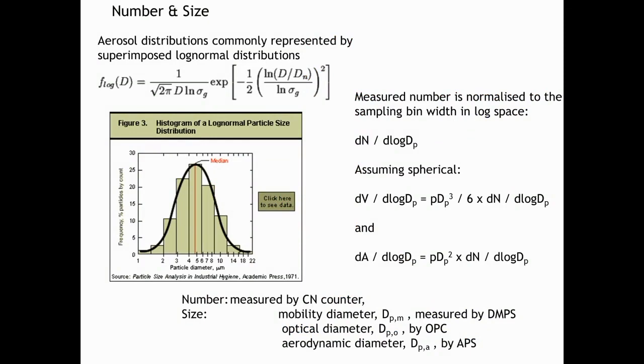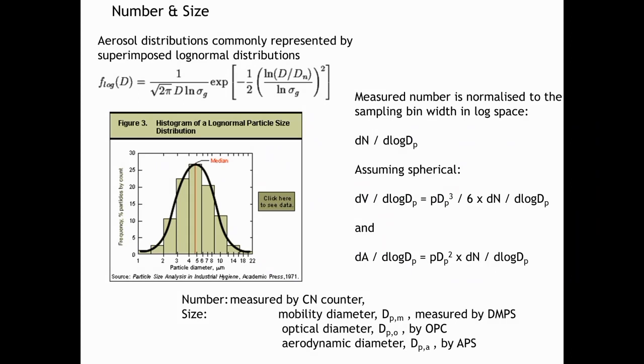So what's the surface area of a sphere? Four pi r squared. What's the volume of the sphere? 4/3 pi r cubed, or 4/3 pi d divided by 2 all cubed.